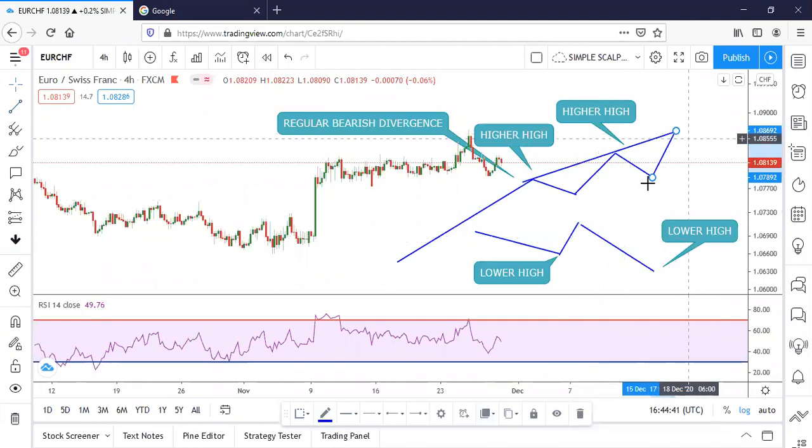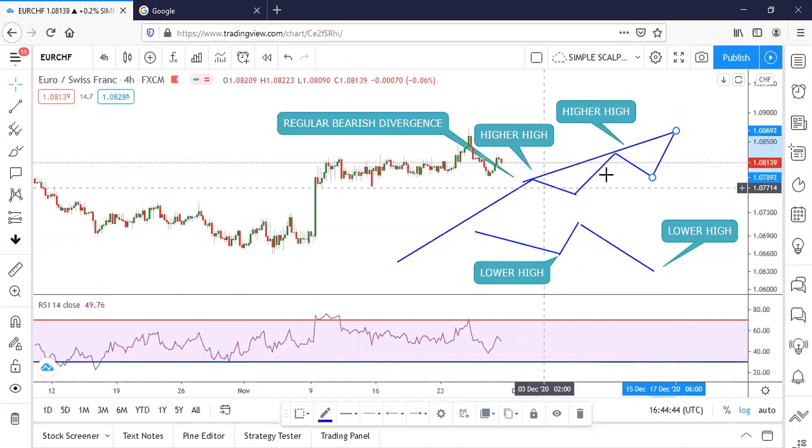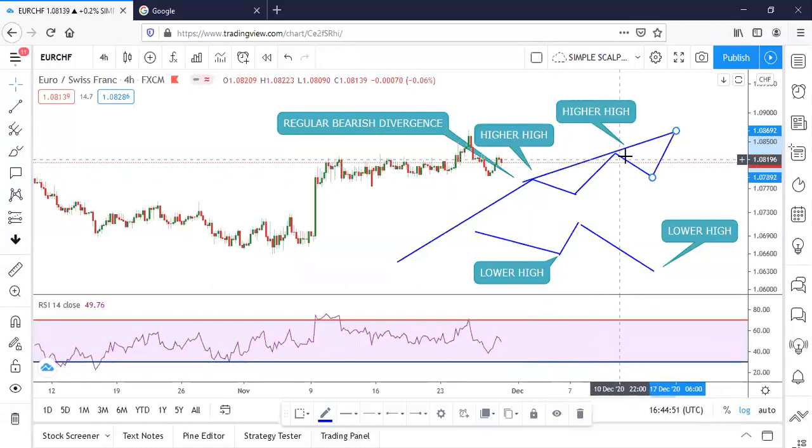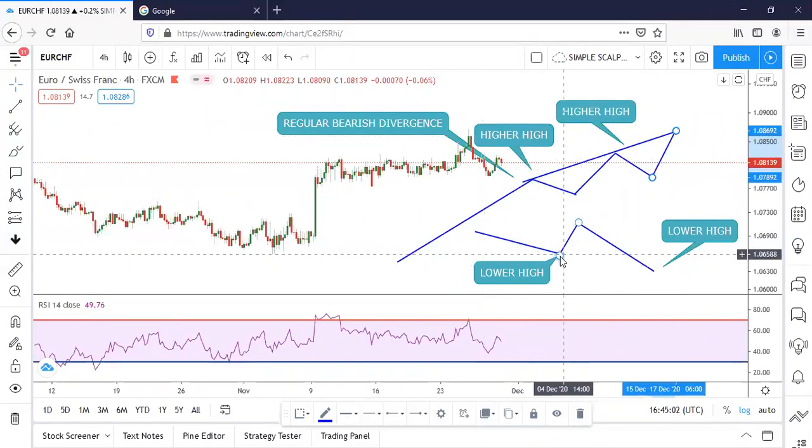But once you see these two highs, then start looking at your indicator as well, which is either your RSI, your stochastic, or MACD. So now you can see this structure. Once you look at your indicator, you must be able to see something like this.